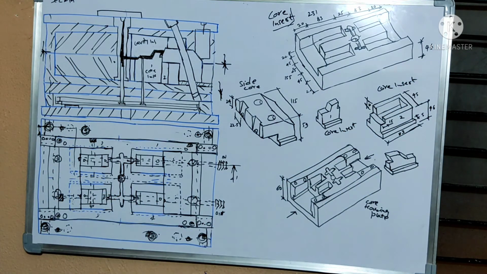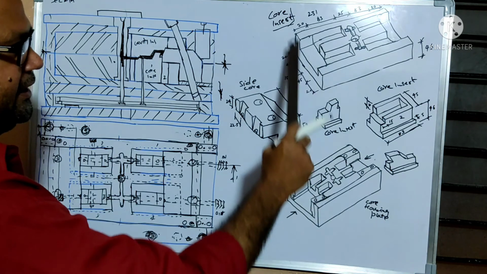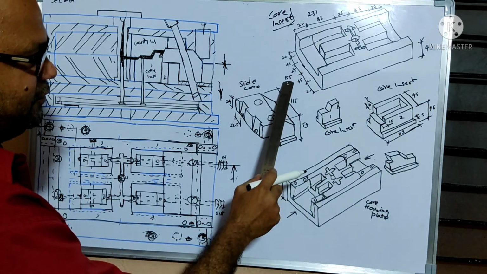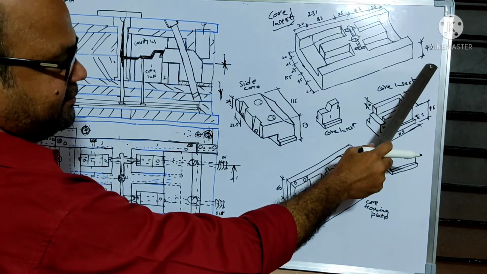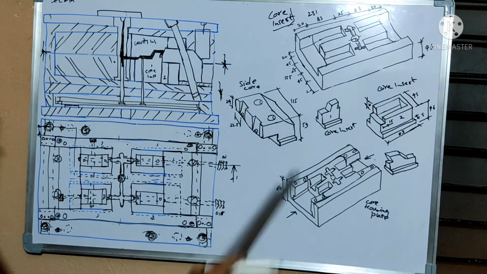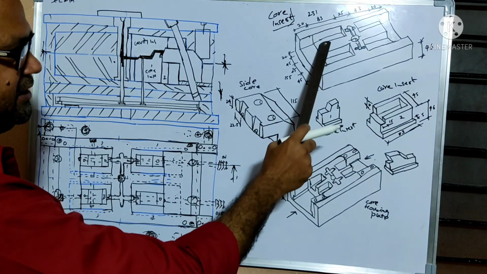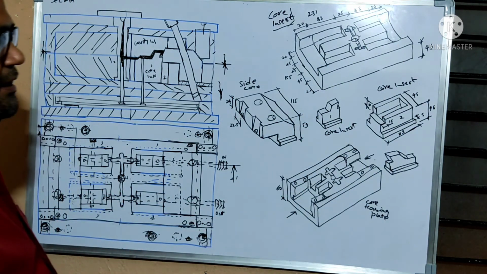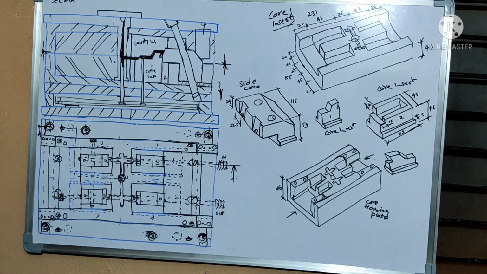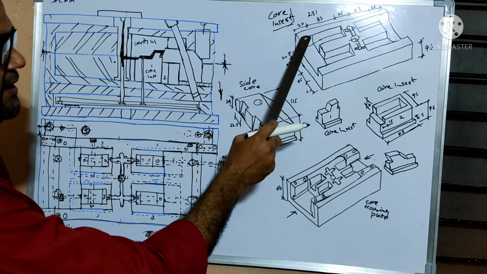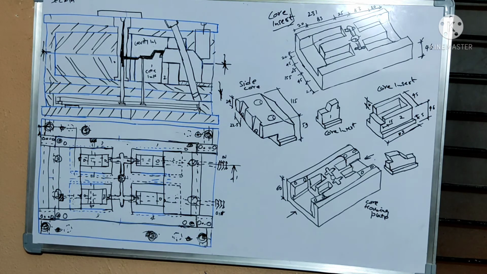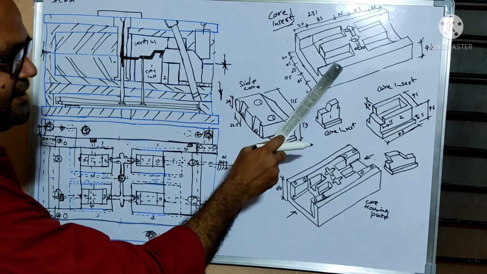For your kind reference, the HDS insert length is 231 into 155 into 46 mm, and you have to machine the sections as shown in this figure, and also given the segmental dimensioning also.